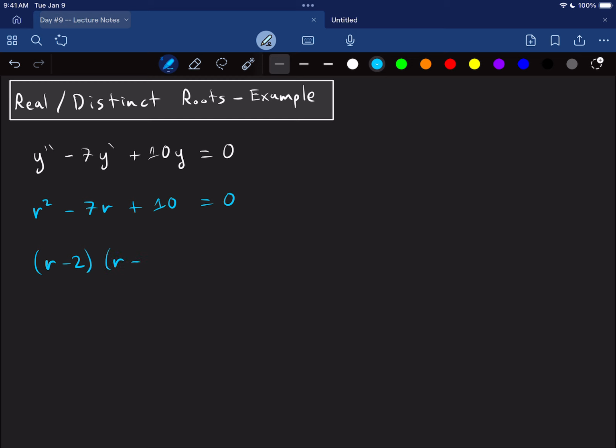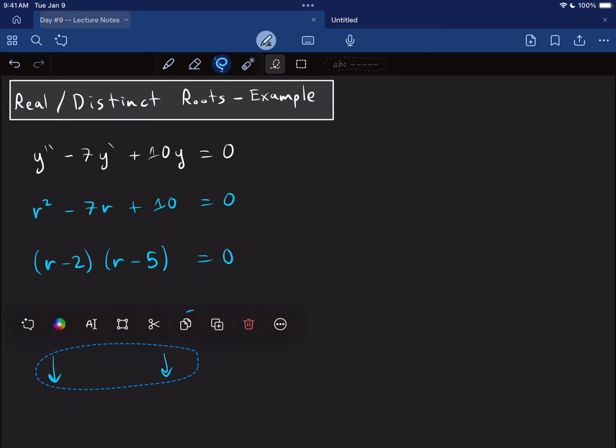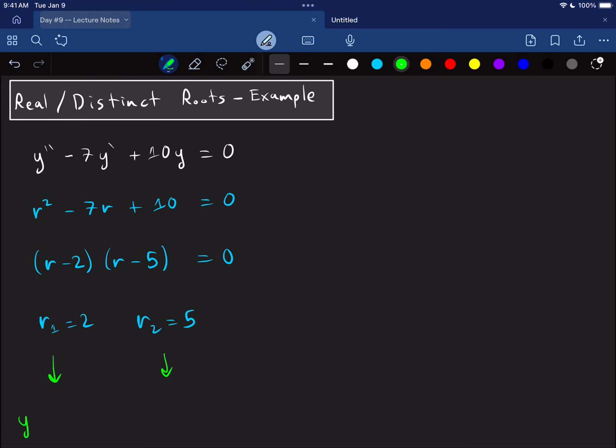And luckily, this is easily factorable. So I get r1 is equal to 2 and r2 is equal to 5. This yields answers. Remember that we guessed, I didn't write it down, that y was equal to e to the rt.